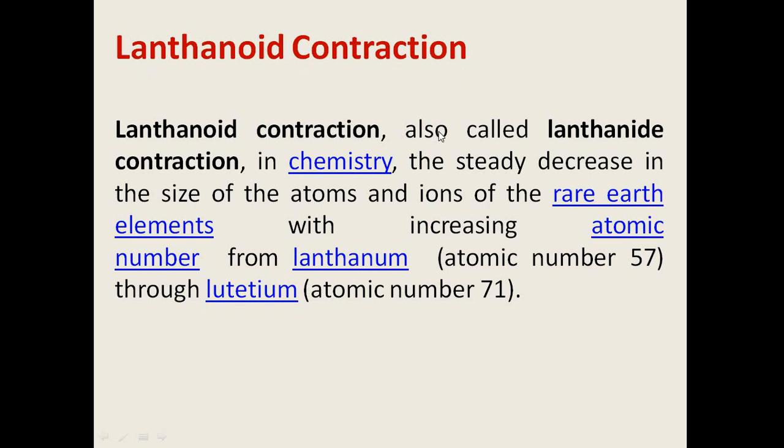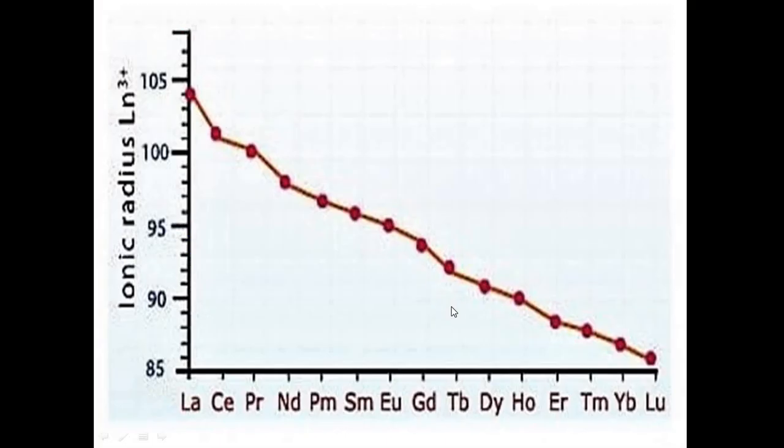Lanthanoid contraction, also called lanthanide contraction in chemistry: the steady decrease in the size of atoms and ions of the rare earth elements with increase of atomic number from lanthanum to lutetium is known as lanthanoid contraction.